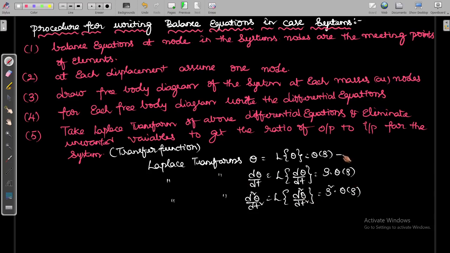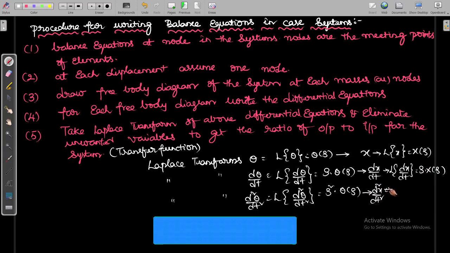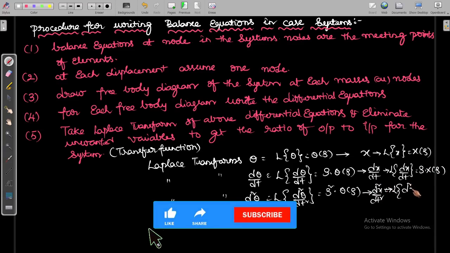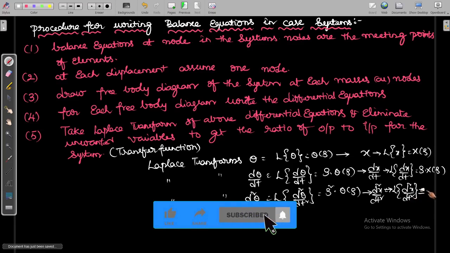For the mechanical translational system, the displacement x has Laplace transform x of s. The Laplace transform of dx by dt is s into x of s, and the Laplace transform of d square x by dt square is s square into x of s.